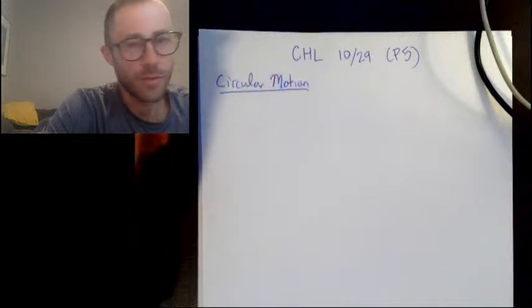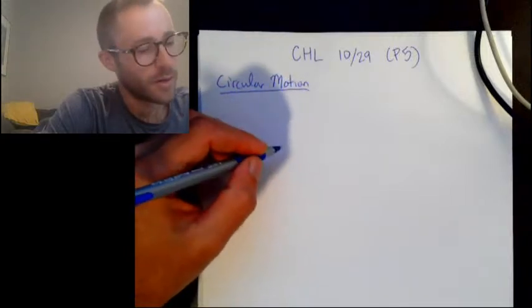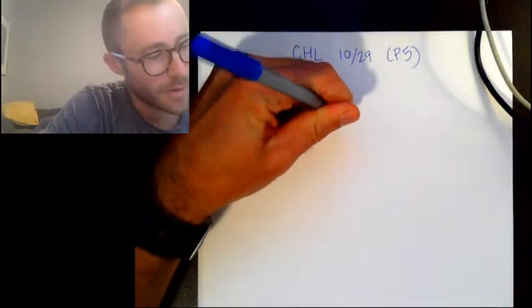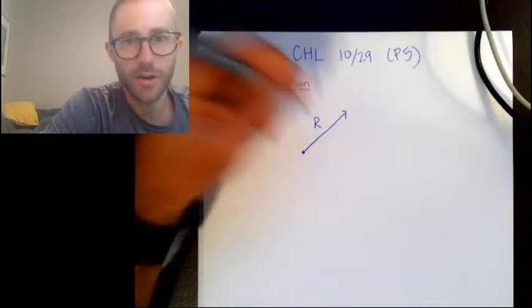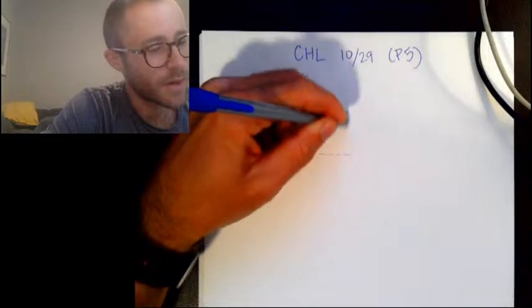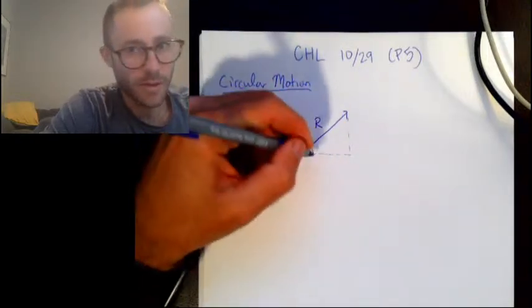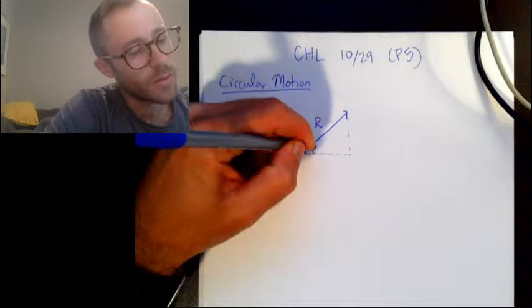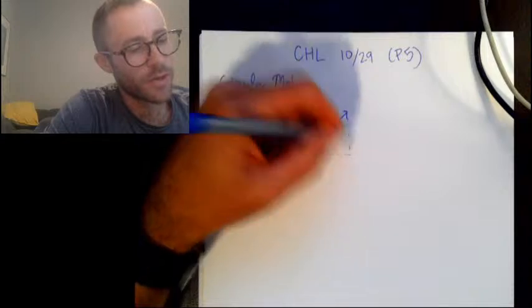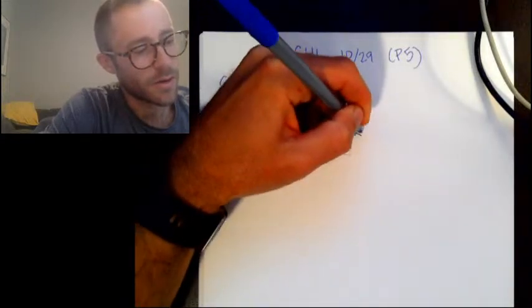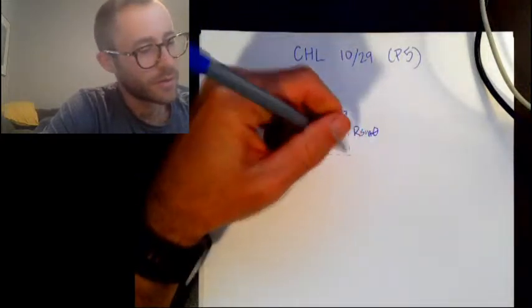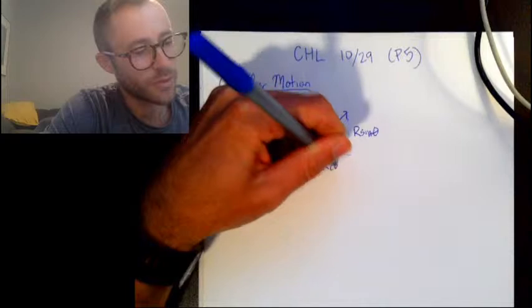So first of all, I want to talk a little bit about vectors. If we have a vector that has a length big R and it makes an angle theta with the horizontal or with the x-axis, then the vertical leg of the triangle would be r sine of theta, and the horizontal leg of the triangle would be r cosine of theta.